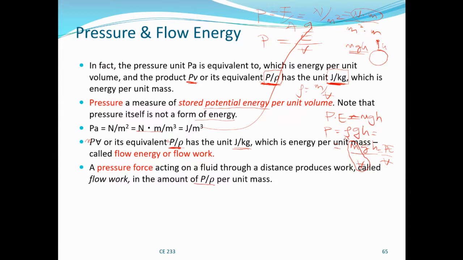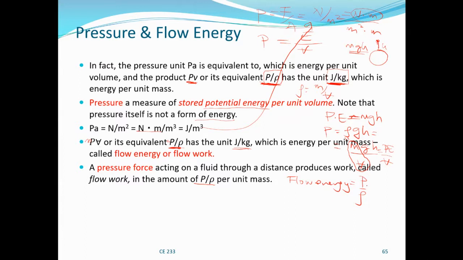Okay, per unit mass. So what are we saying? The flow energy or flow work is simply the pressure divided by the density.